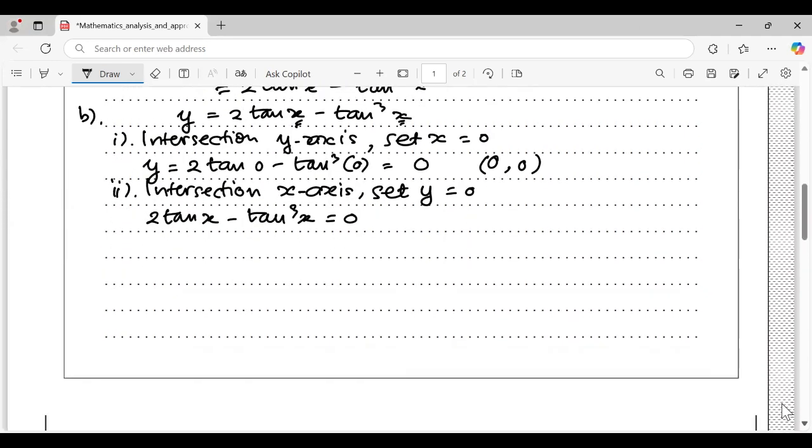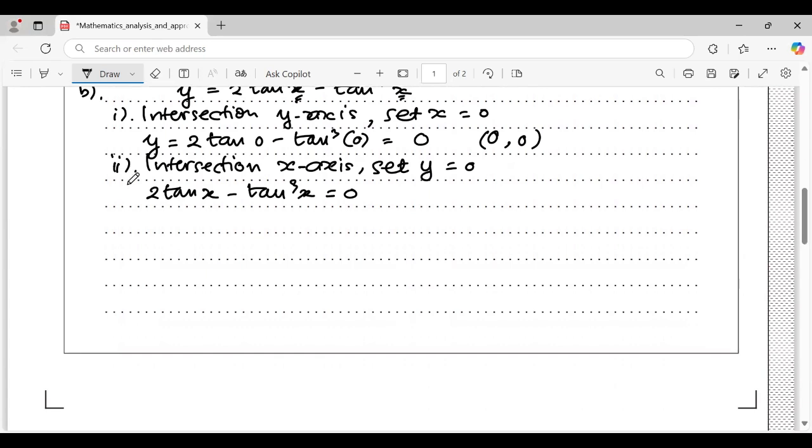After that, factorize: tangent x times (2 minus tangent squared x) equals 0.